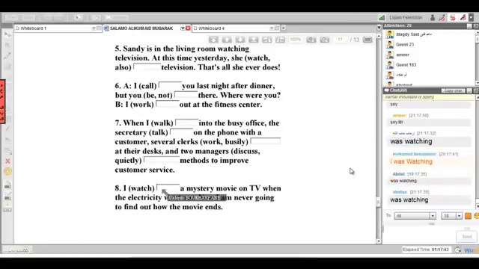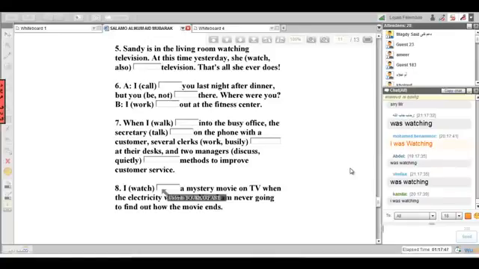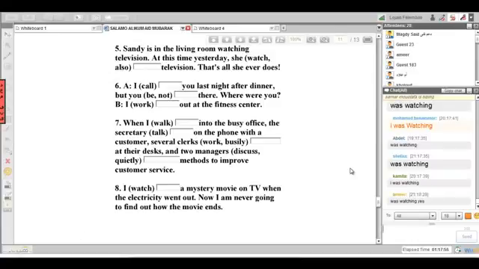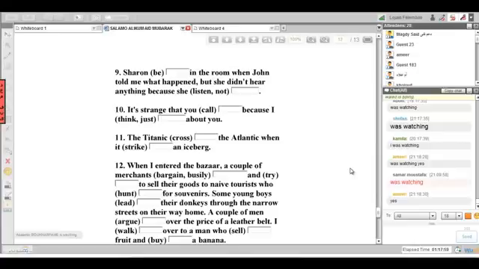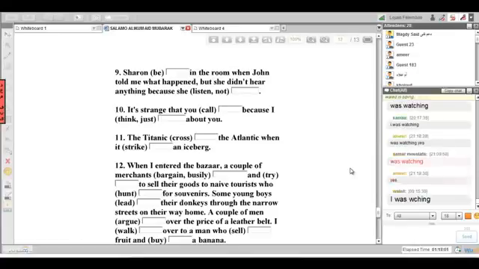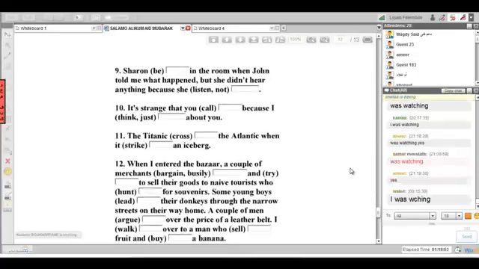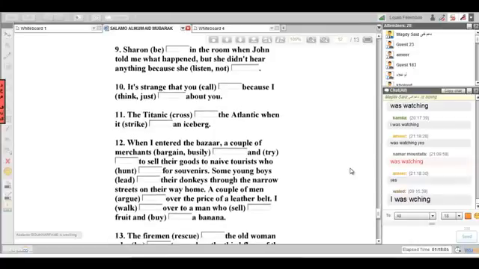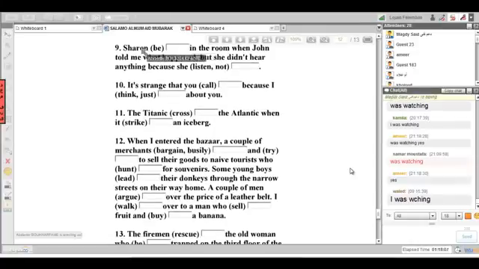Okay, 11. The Titanic crossed the Atlantic when it struck an iceberg. Was crossing. Yes. No, it was crossing, not crossed. The Titanic was crossing the Atlantic when it struck.